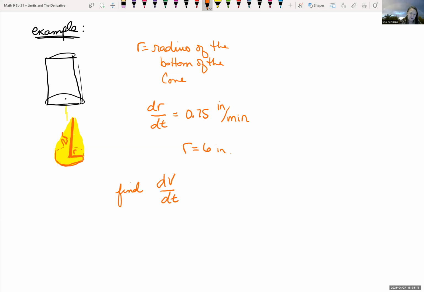So we need to first figure out what the volume of a cone is. And that is equal to 1/3 pi r squared times the height. Okay, so we have our volume.